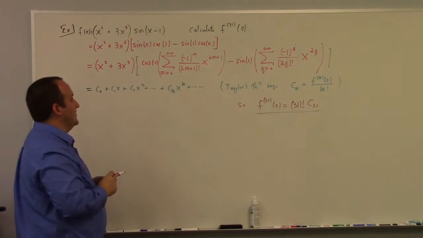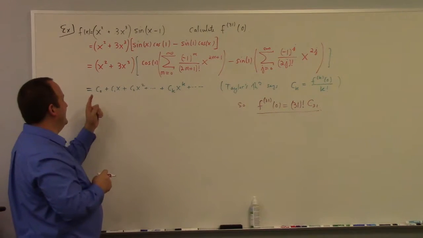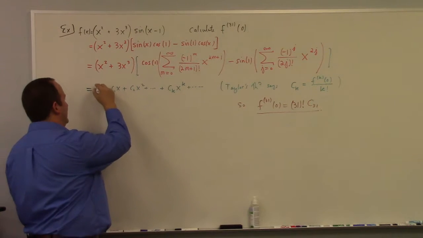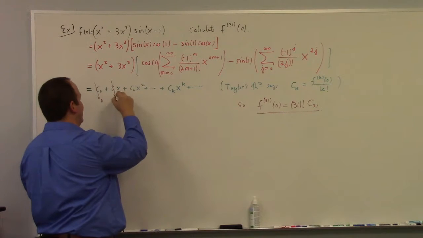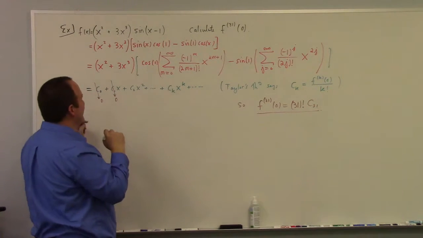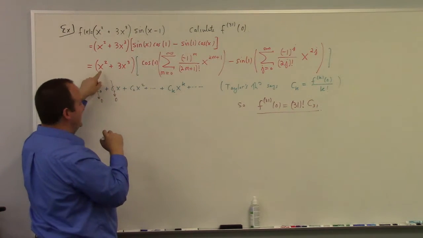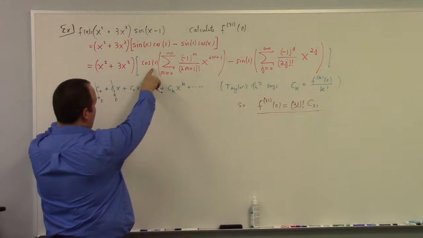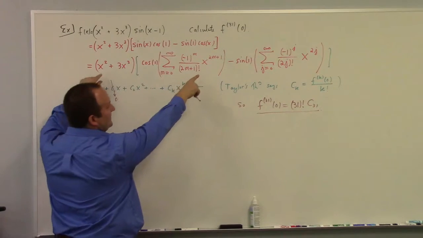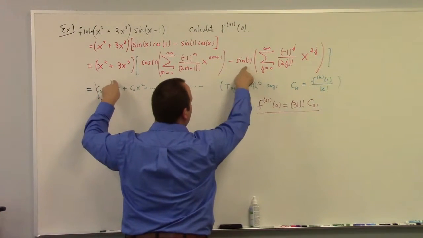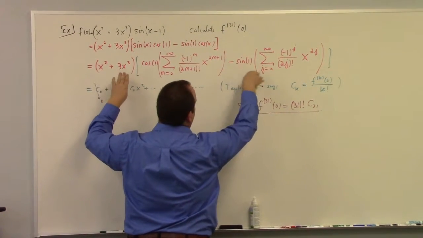Here, I'll do some easy ones for you. C0 is 0, C1 is 0, right? Because it's x squared. Now, this thing, right, is at least x. And this thing is minus sine of 1 is the lowest.